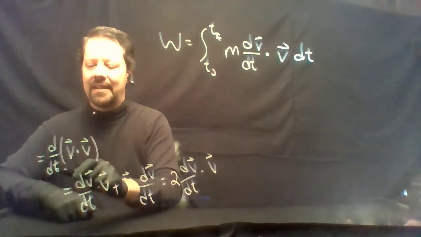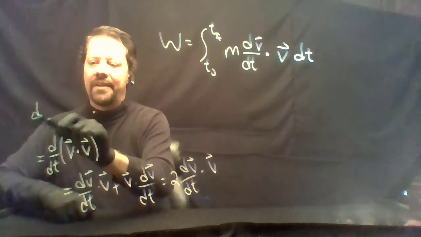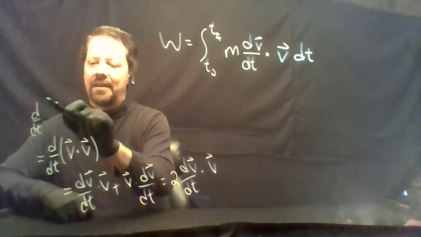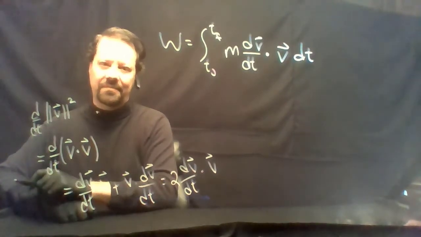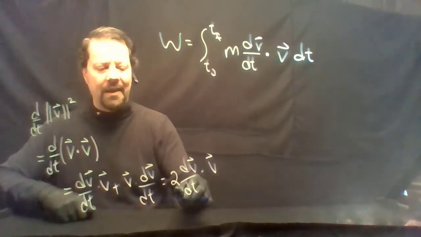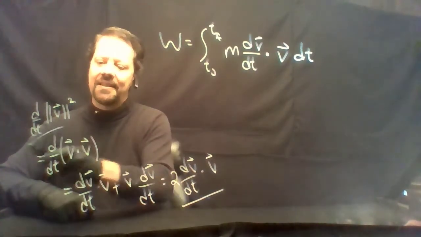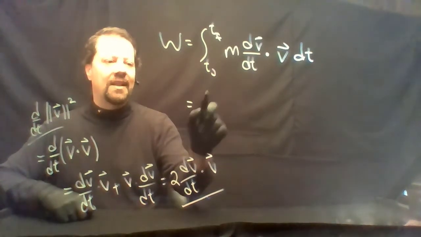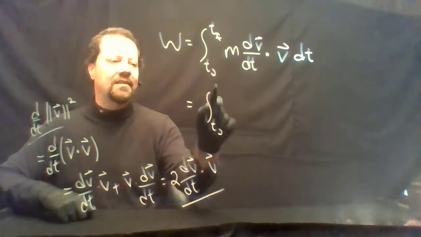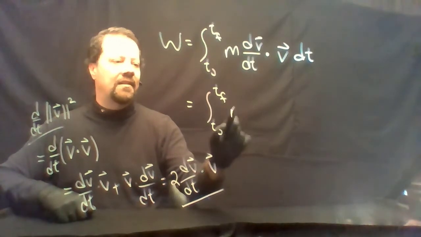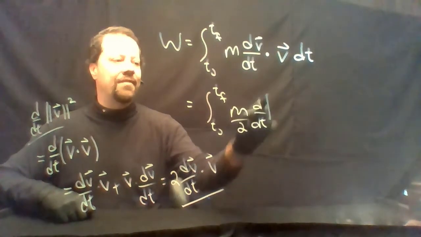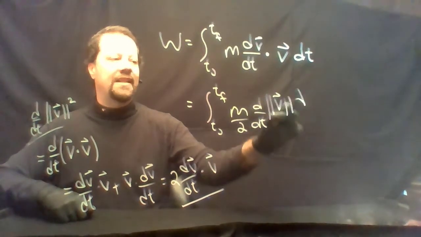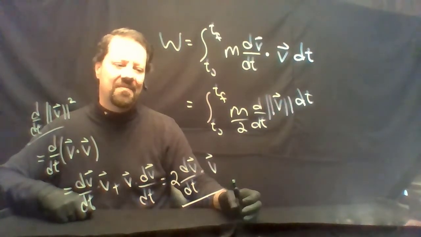What we have here on the left is the derivative with respect to time of the norm of v squared. So multiplying by 1/2 on both sides of this equation, we'll have the integral from t0 to t final of m over 2 times the derivative with respect to time of the norm of v squared dt.